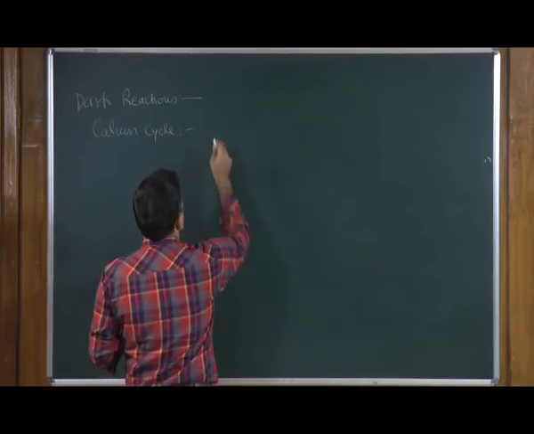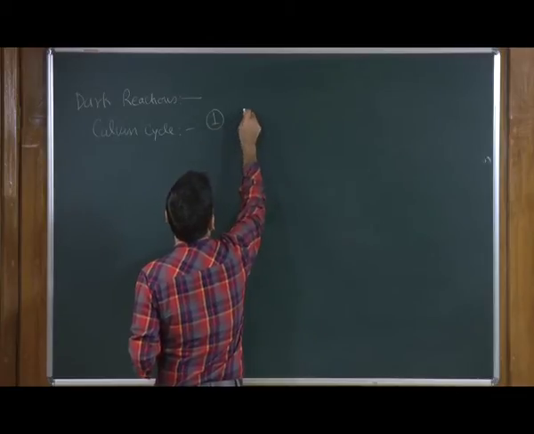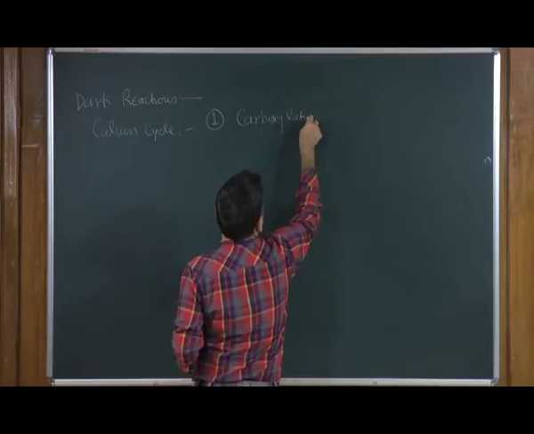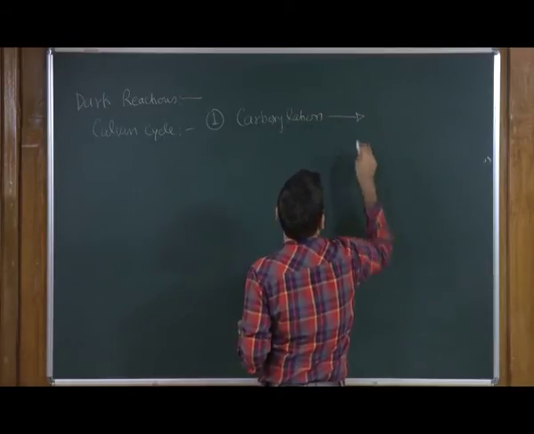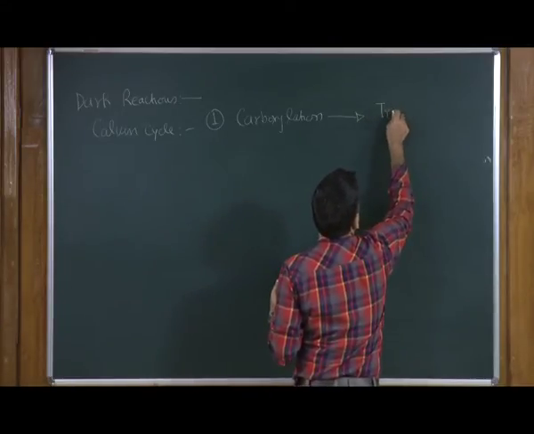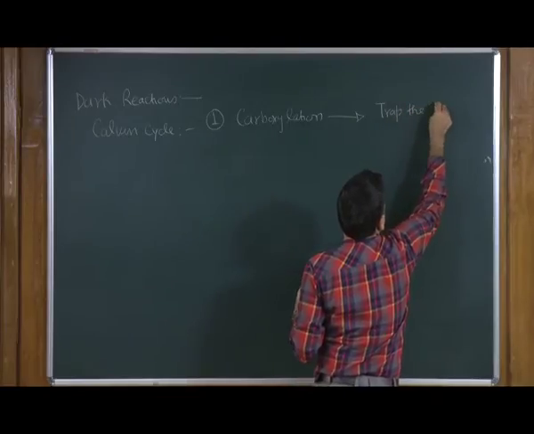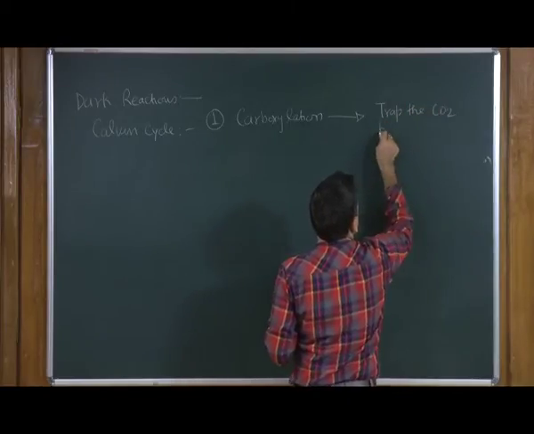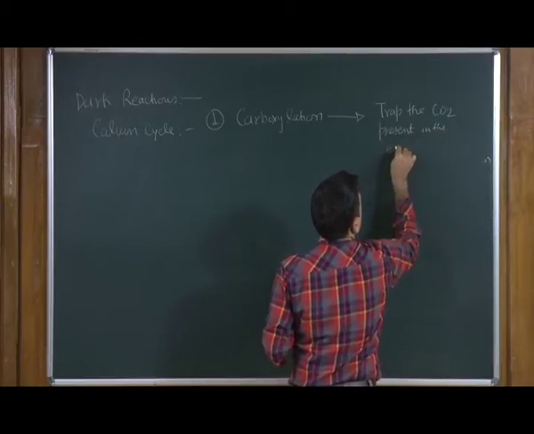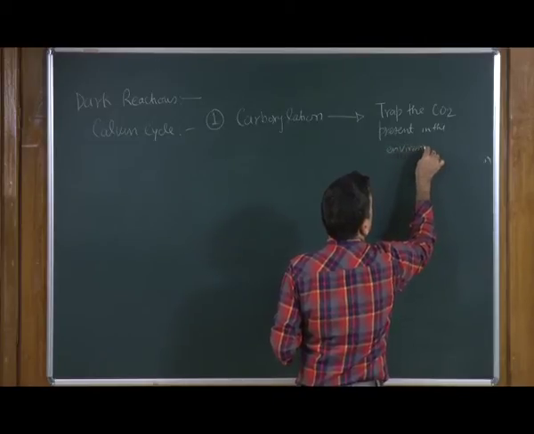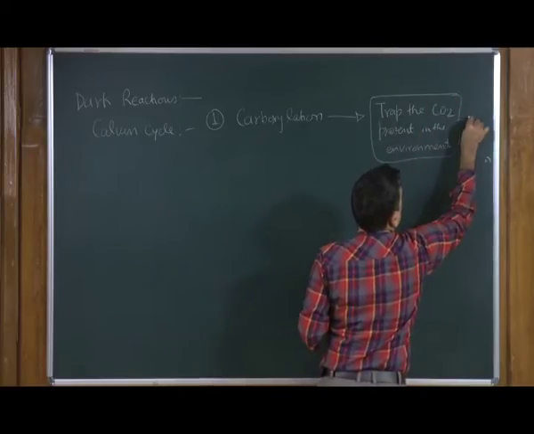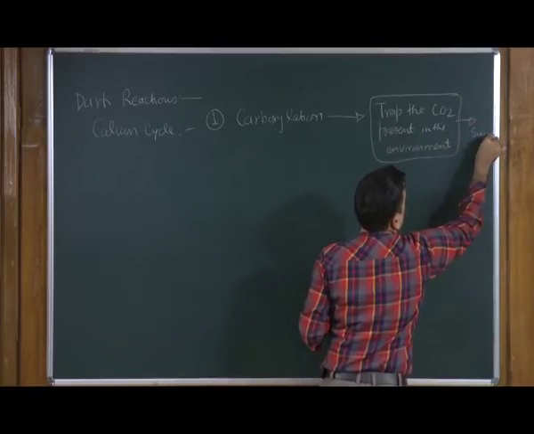What are these steps? The Calvin cycle has 3 important steps. One is called carboxylation. As the name suggests, the purpose of carboxylation is to trap the carbon, or the CO2 present in the environment, so that it can get converted into sugar.